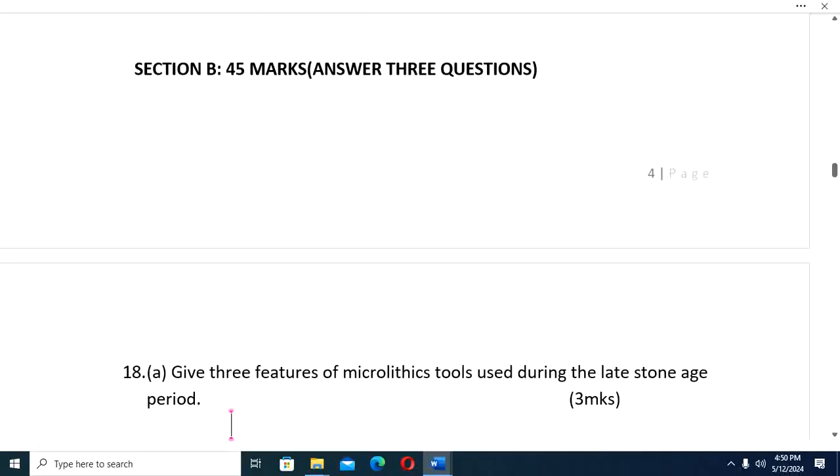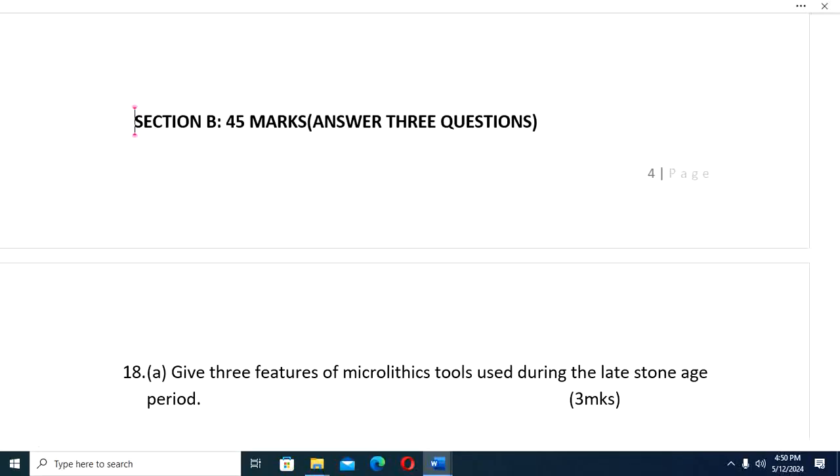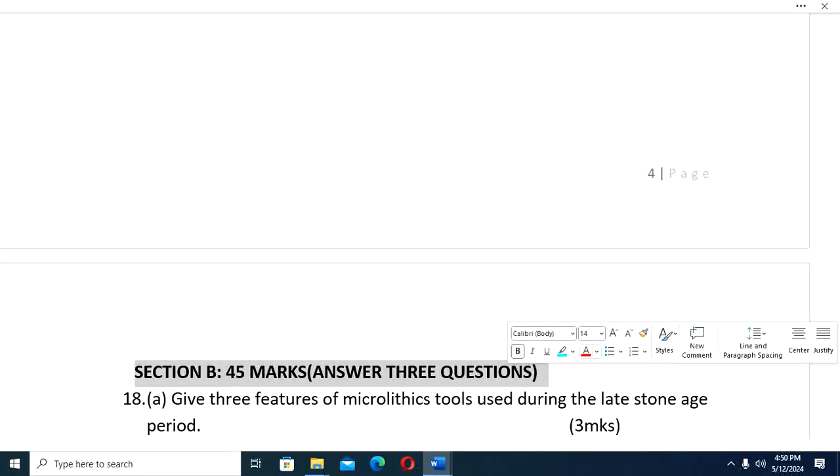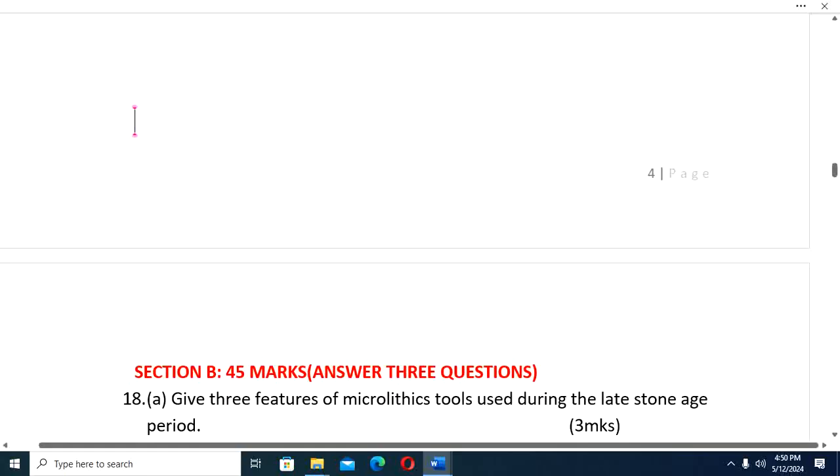Next one, section B. Section B, we said you answer 3 questions. Only 3 questions. That is what you're supposed to do, and that will help you perform well. Don't try to answer all the questions.